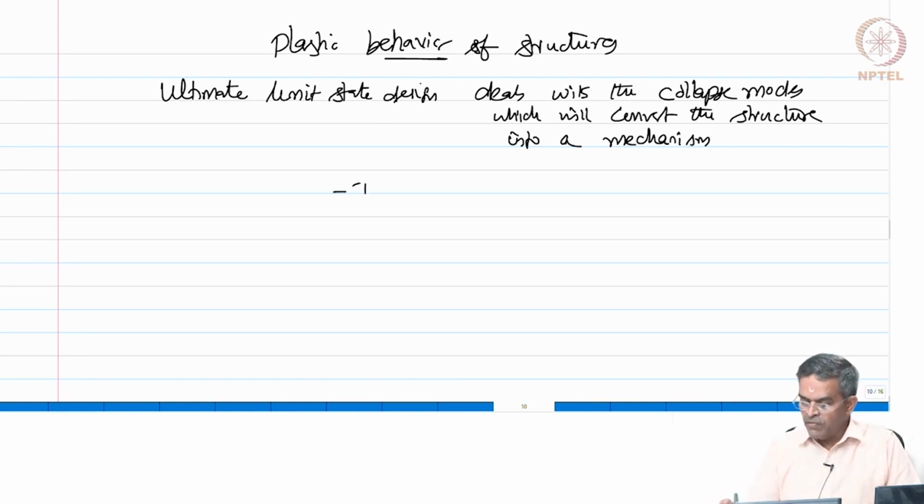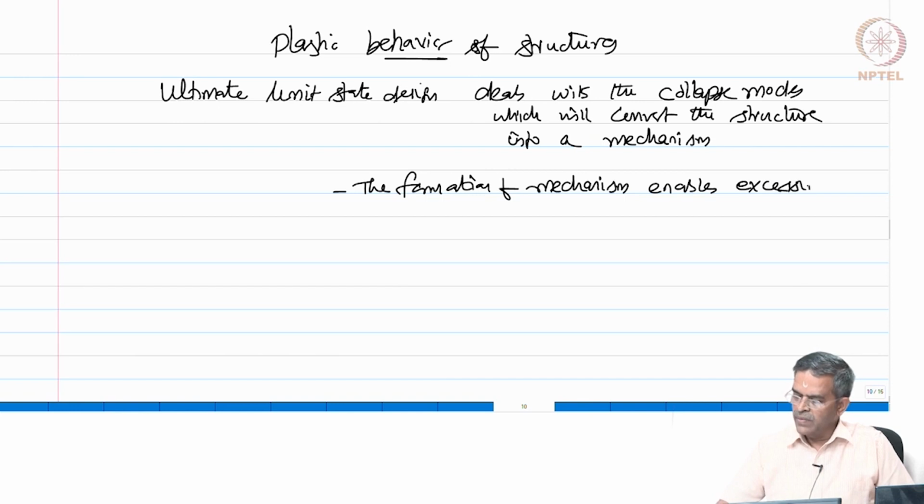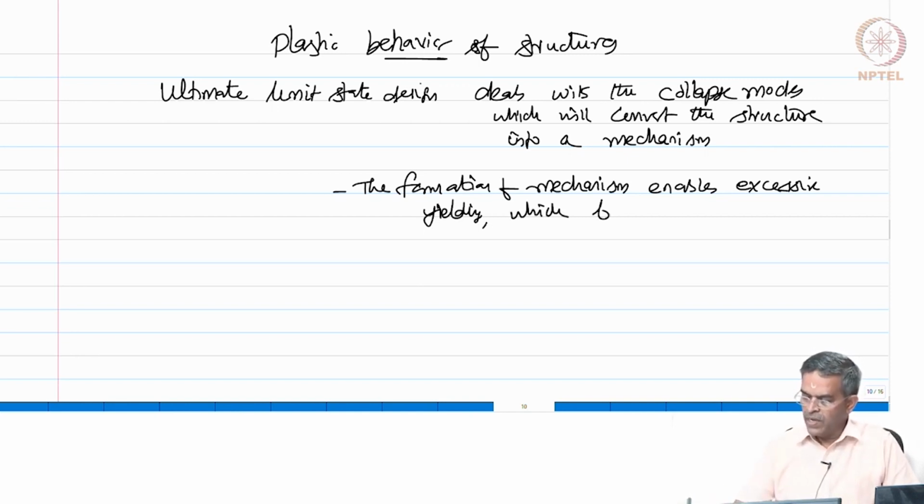Now, the formation of a mechanism enables excessive yielding, which finally leads to collapse.